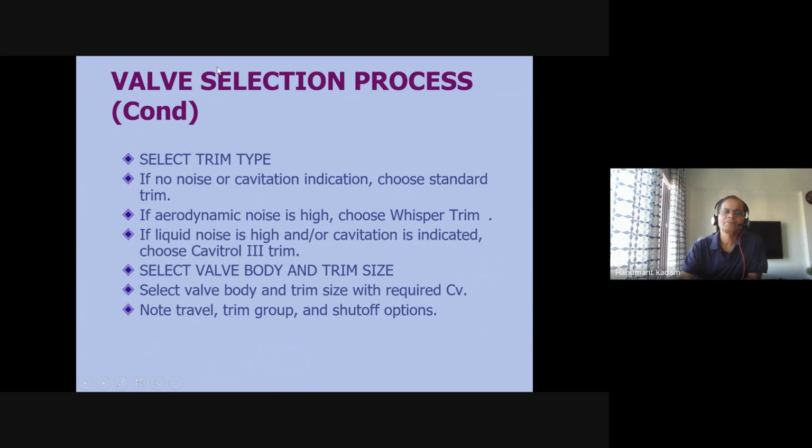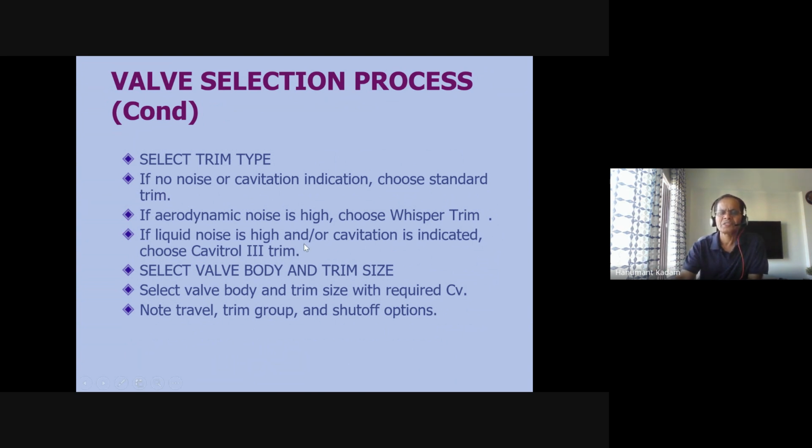So, select a trim type. If there is no noise or cavitation indication, choose standard trim. If aerodynamic noise is high, choose a whisper trim. While selecting the trim, you have to see whether noise, cavitation, or any abnormal sound is coming from the valve.